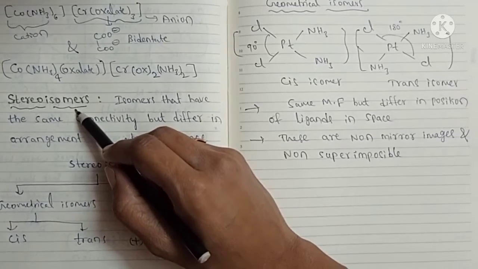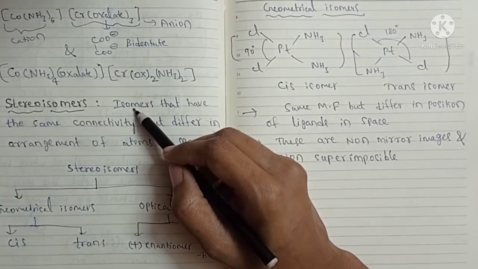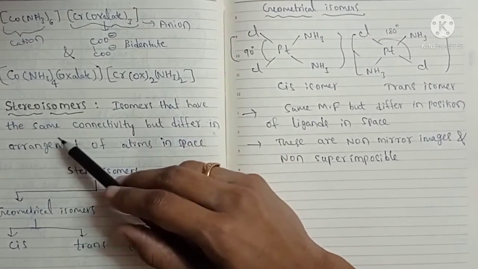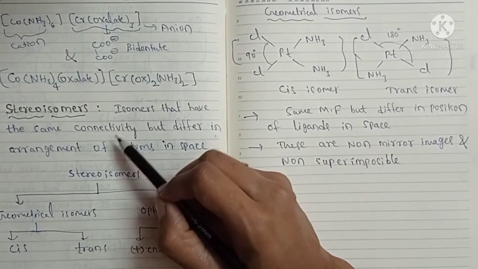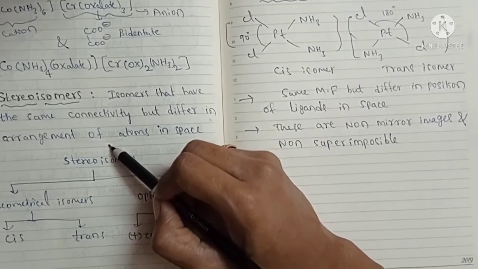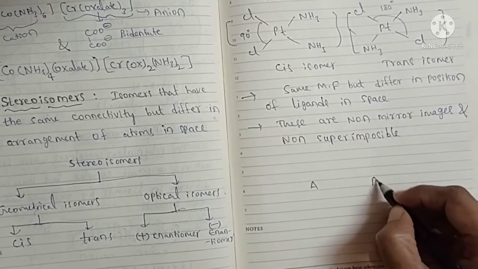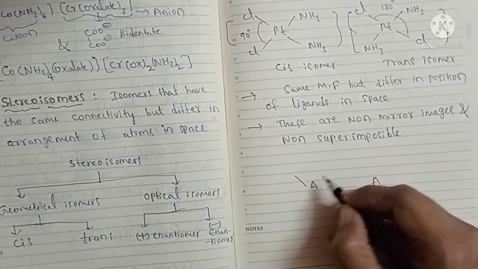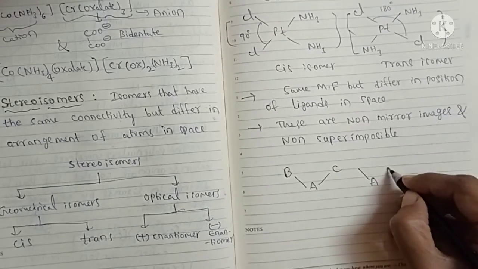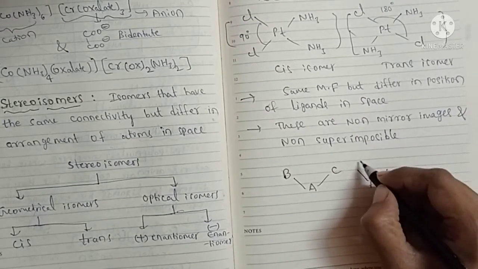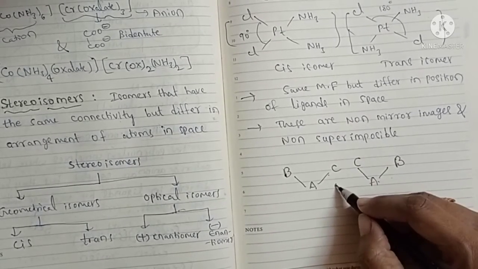Next, stereoisomerism. Stereoisomerism means isomers that have the same connectivity. The bond connectivity is the same but they differ in the arrangement of atoms in space. For example, here A is the nucleus, and here B, C. But in this isomer, here C, here B. What is the difference?